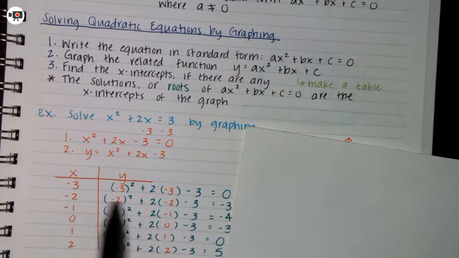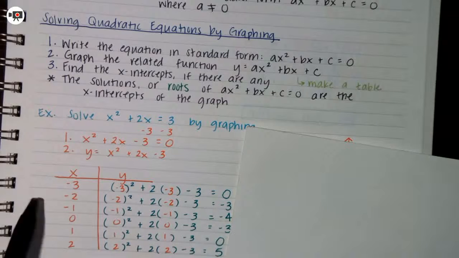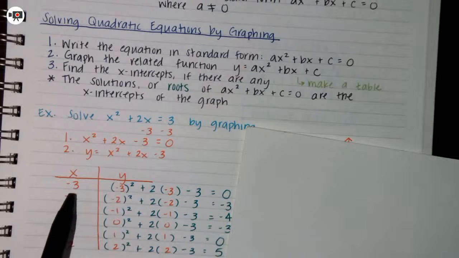Now I'm going to do the same with negative 2, negative 1, 0, 1, and 2. Usually I only go from negative 2 to 2 so that I choose ones that are close to 0, so my graph isn't super huge. But I needed to include this negative 3, and I'll show you why when we look at the picture of the graph.